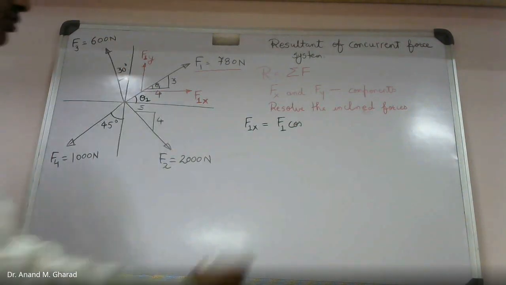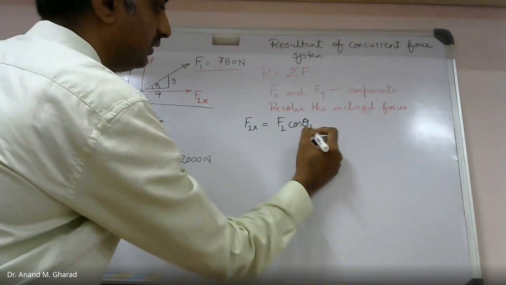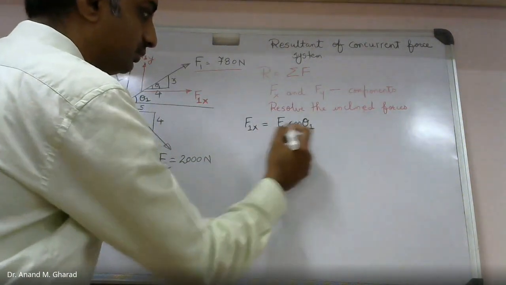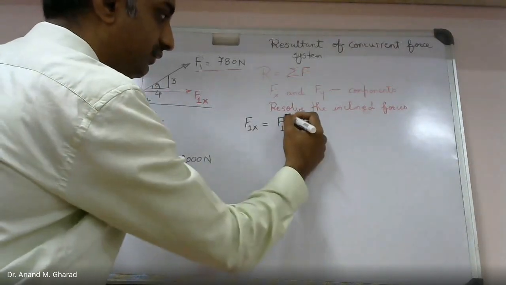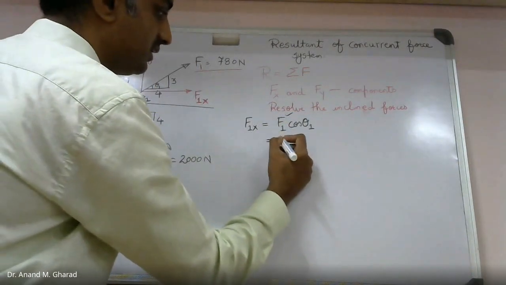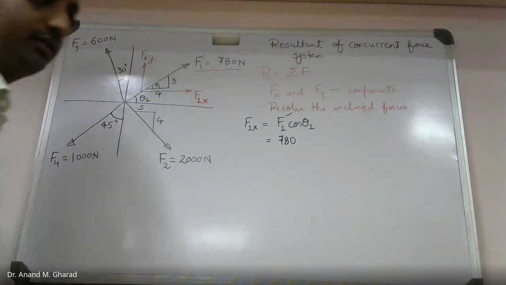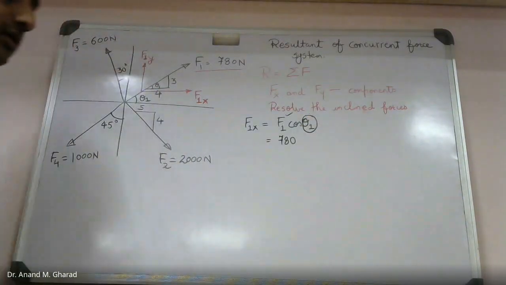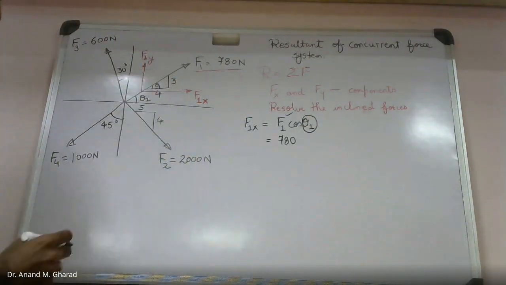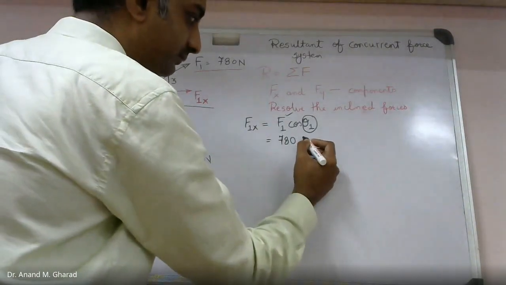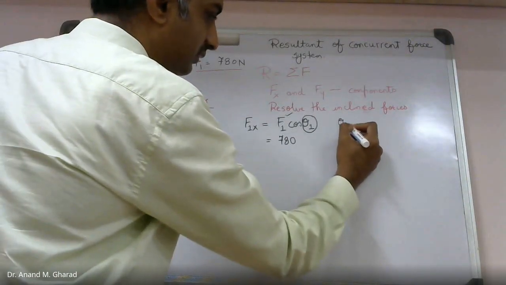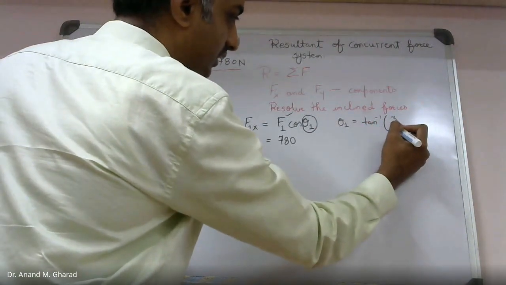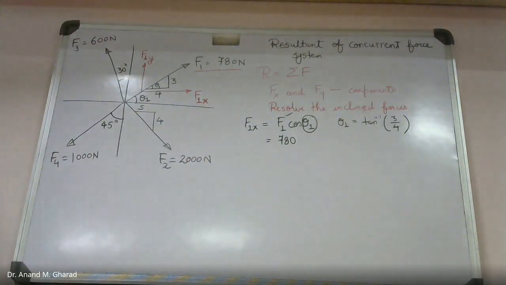So F1 cos of theta 1. Correct? So out of these two, how many quantities do you know? Do you know F1? Yes, it is given. F1 is 780 Newton. Now I wish to calculate theta 1 because theta 1 is not directly given. It is given in the form of slope. So can you calculate that slope? Theta 1 shall be tan inverse of 3 by 4. Am I right? Yes, sir.